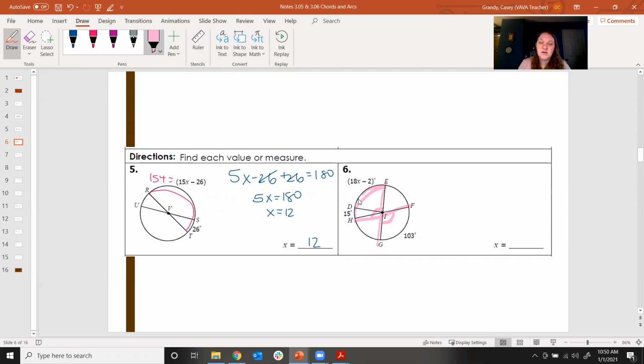So this arc has to be 103. So I can say that 18x minus 2 plus 15 has to equal 103 degrees, since this entire piece has to equal 103 degrees. So that gives me 18x plus 13 equals 103. Subtract 13 from both sides and divide by 18. So x equals 5.